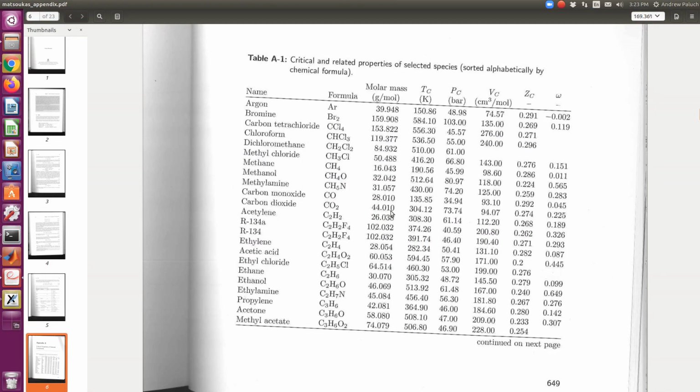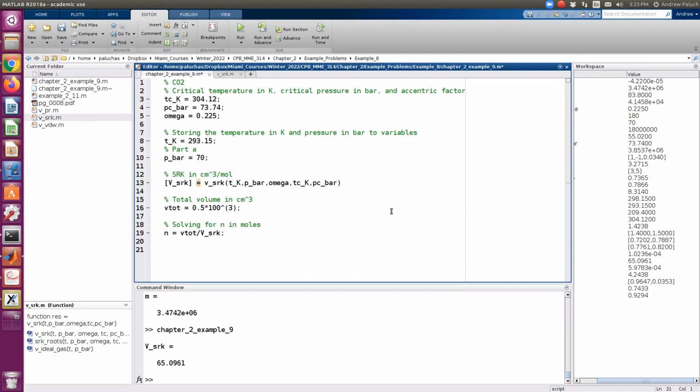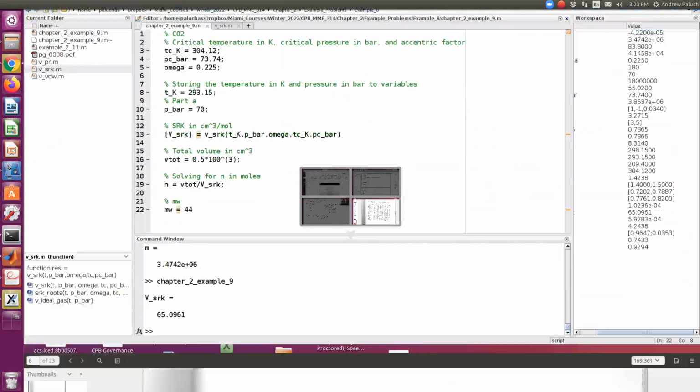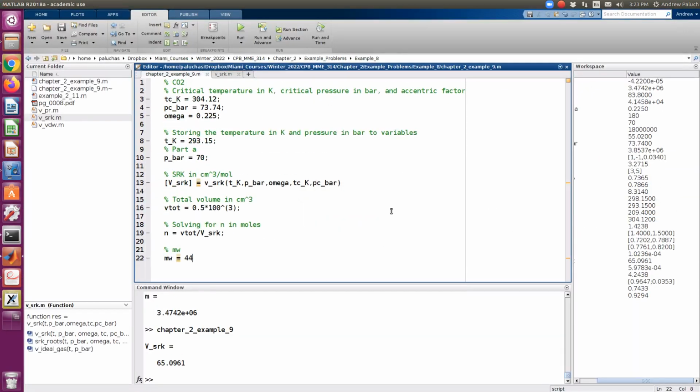Carbon dioxide molecular weight is 44.010, in grams per mole.